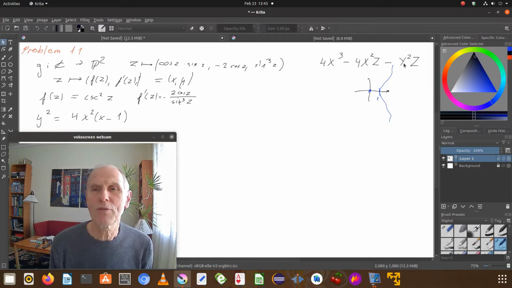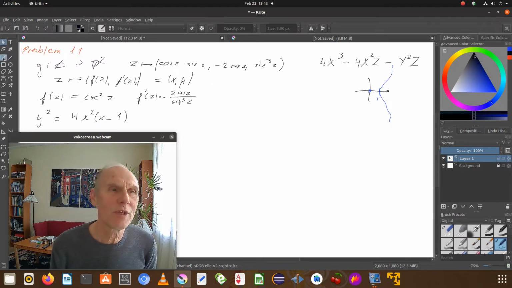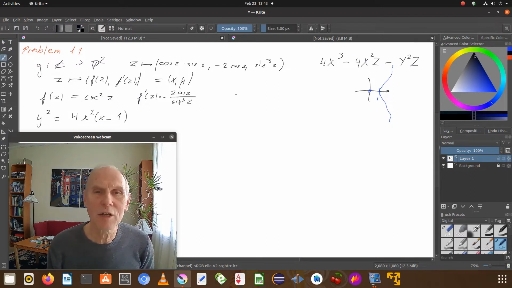All the coefficients are real, and it's a singular affine point, so a real affine point. So it's reasonable to believe that it is. But let's seriously find all the singular points. So let's write smooth points.